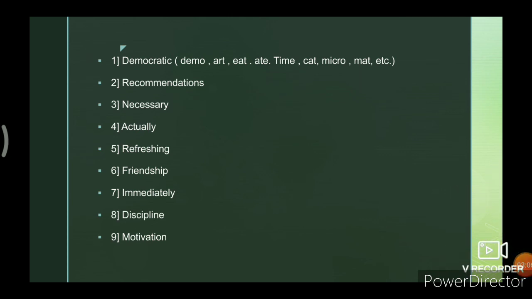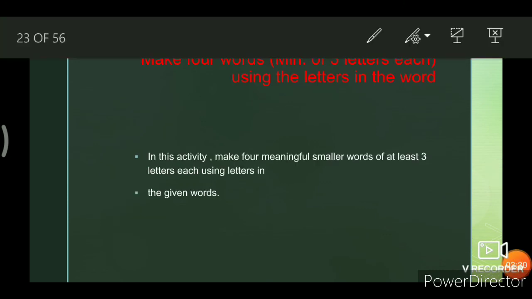Read this first word, democratic. This is a specimen, and in this way you have to make words. Democratic: demo, art, eat, egg, time, cat, micro, mat, etc. In this way we make 4 words, and those are meaningful words of at least 3 letters.